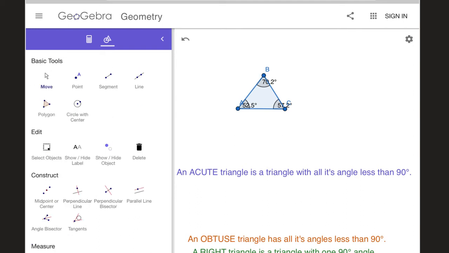So if we pull this out, we can see 70, 57.2. Let's go back one. There we go. So 70, 57, and there. So that is all the different angles, all less than 90. This is an acute triangle.